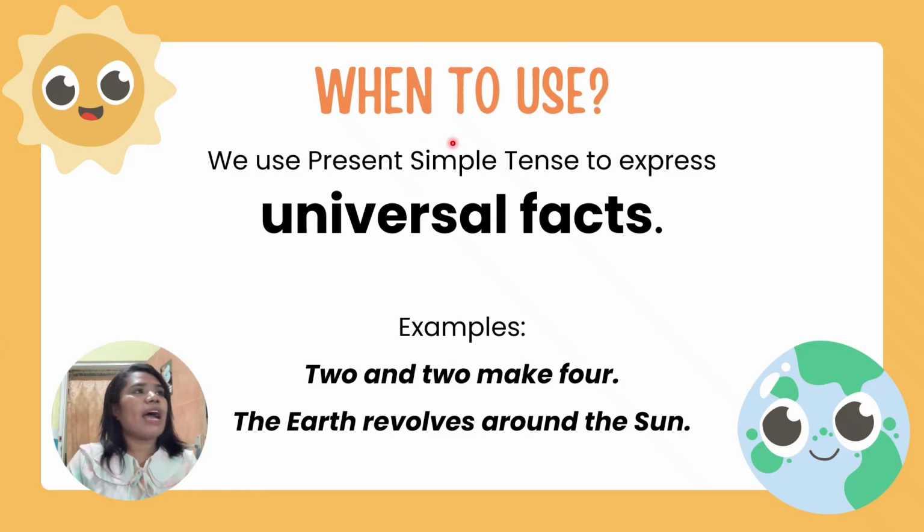When do we use the simple present tense? As I told you before, we use it to express universal facts or general facts. For example, 2 and 2 make 4, or the earth revolves around the sun. Those are universal facts.